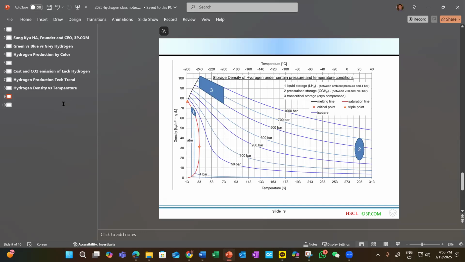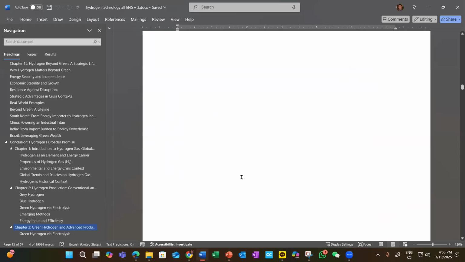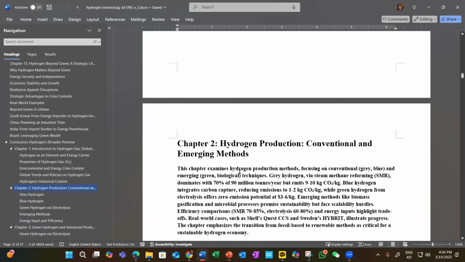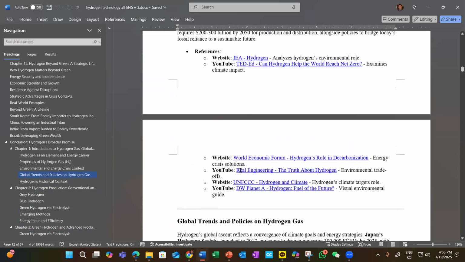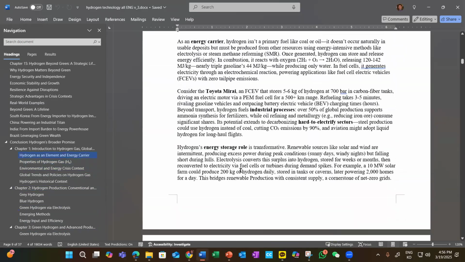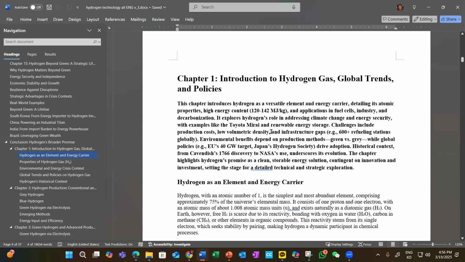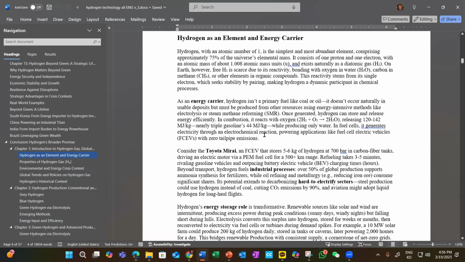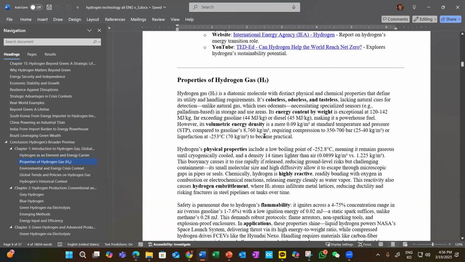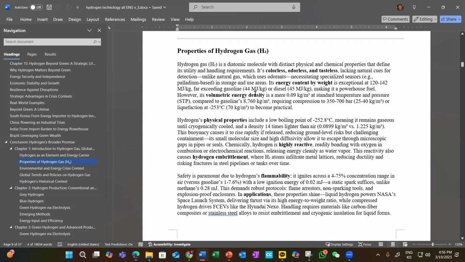I reviewed this status related to chapter 1, as an important point. We need to understand the properties of hydrogen gas.